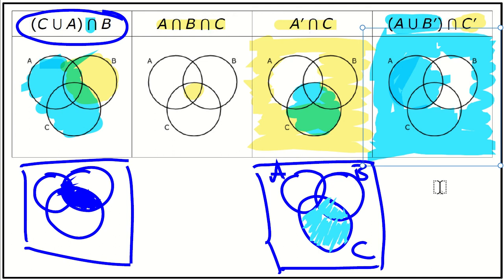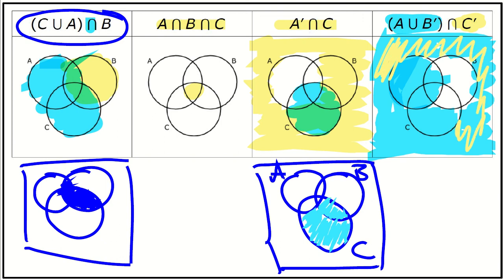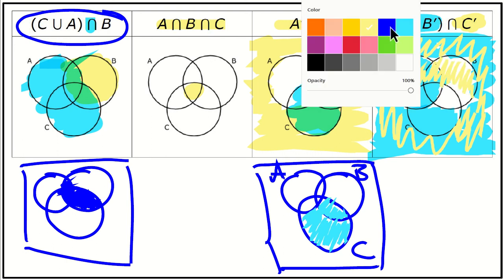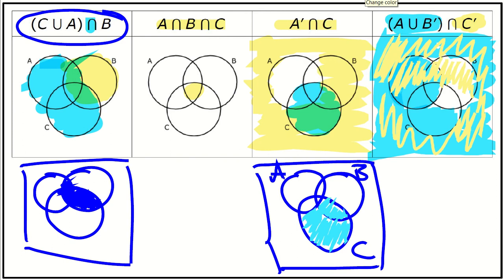So I'm going to colour in everything that is outside of C. So that will be all of this outside there. Could be inside here and inside here as well. So everything that's now been coloured in twice, that is the intersection part.